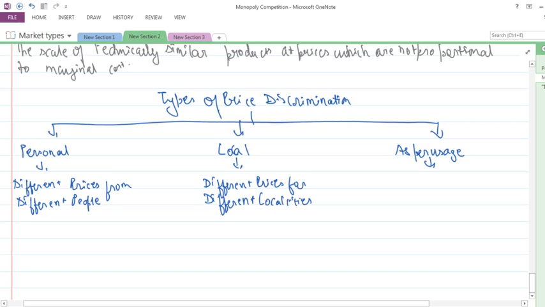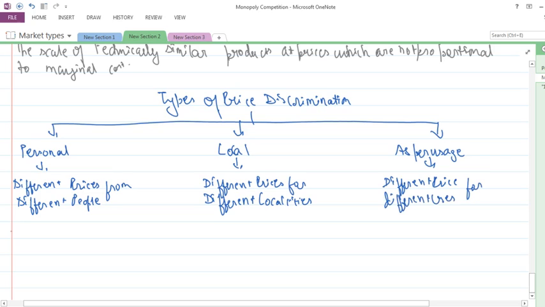And price discrimination as per usage can be defined as charging a different price for different uses.